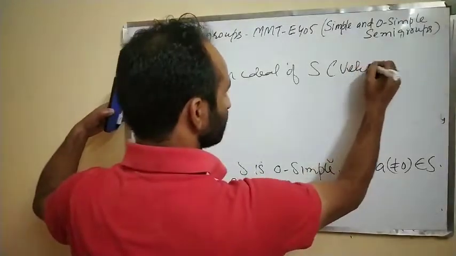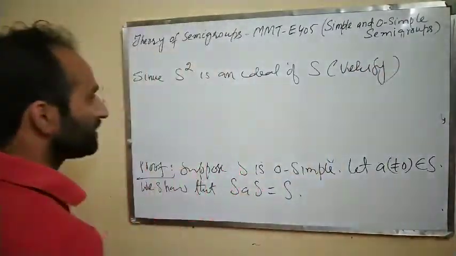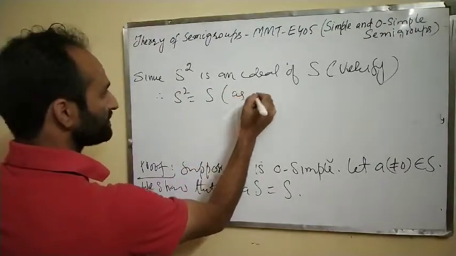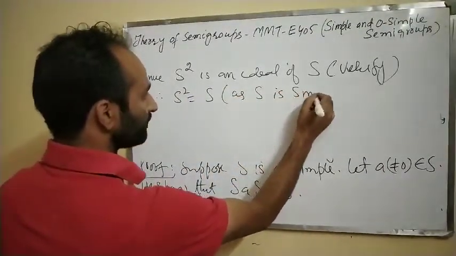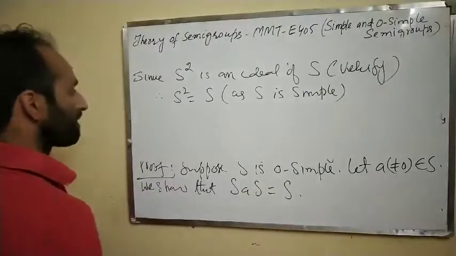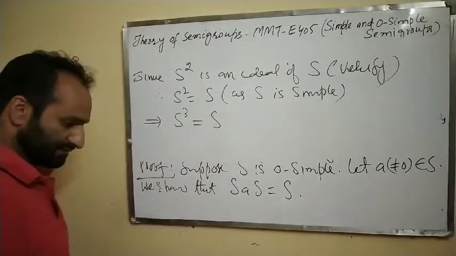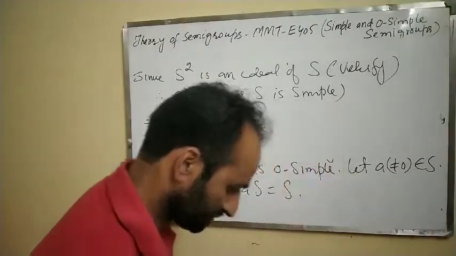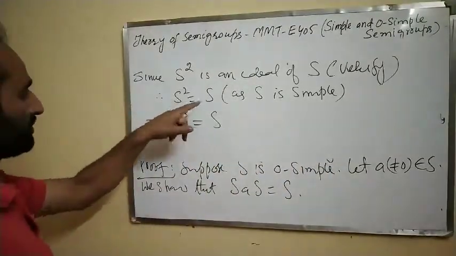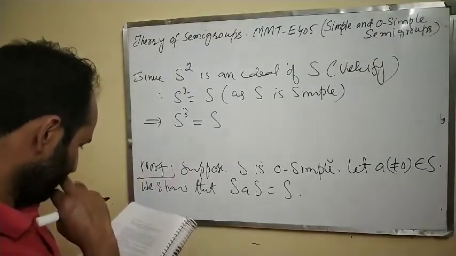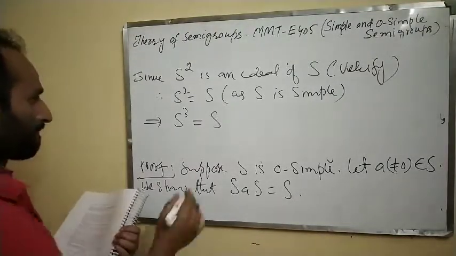Therefore, S square is equal to S, as S is simple, it has no proper ideals, which implies S cube is equal to S also. Because S cube is equal to S into S square, that's equal to S square, which is equal to S. S cube is equal to S, and so on and so forth.